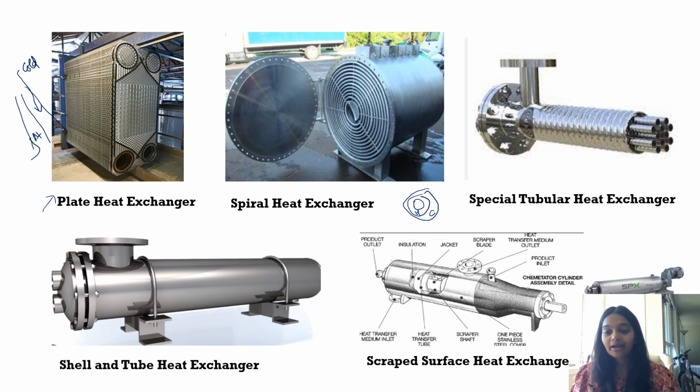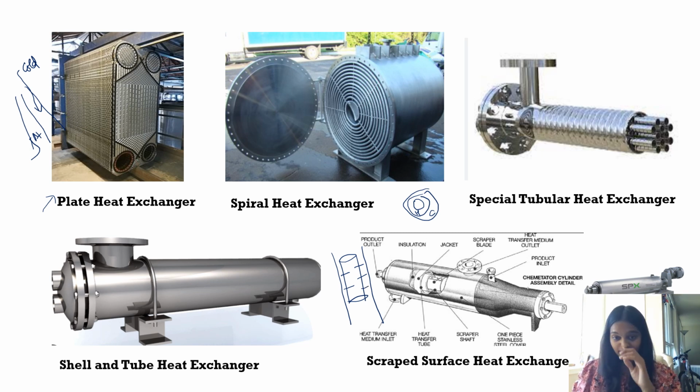Now we have another special type which is called the scraped surface heat exchanger. In the scraped surface heat exchanger, you have a scraper element with some blades on it. The inner part keeps on rotating. It has one of the fluids flowing in, and another heat-sensitive fluid flows into the other side.